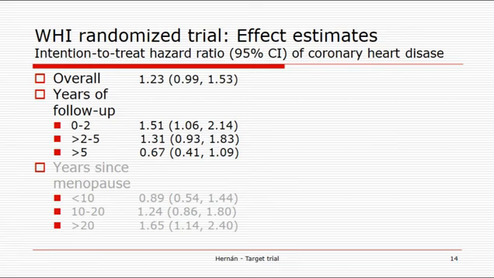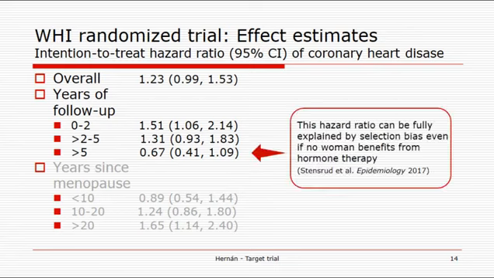Okay. So my colleague Mats Stenrud and others have looked at this from a mathematical point of view, and they show that based on this depletion of susceptibles, the hazard ratio can go down from 1.8 in the first year only to 0.7 after 5 years, even if hormone therapy is not beneficial for a single woman in the study.